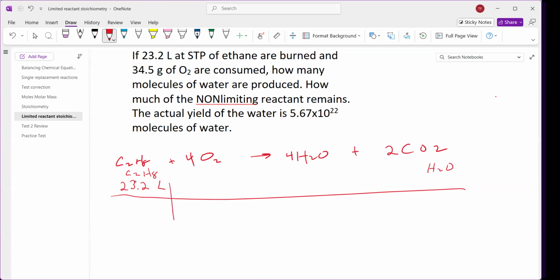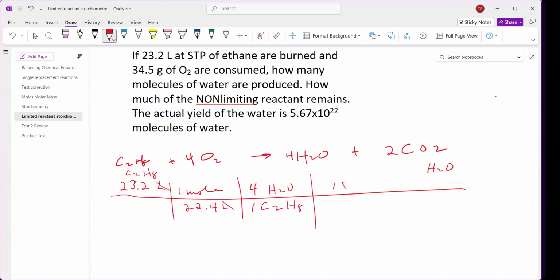We're just going to do the same deal. We need to convert the given into moles. It's 22.4 at STP, liters cancel. The equation's coefficient ratio is 2 to 6.